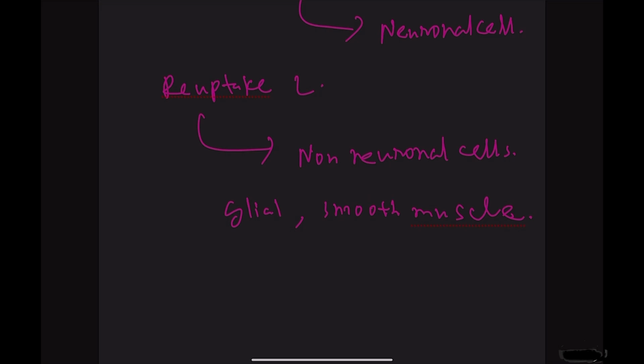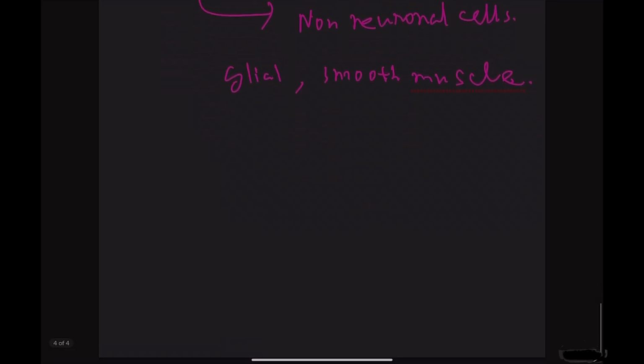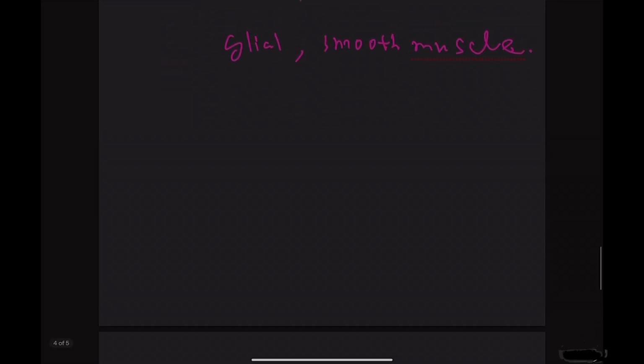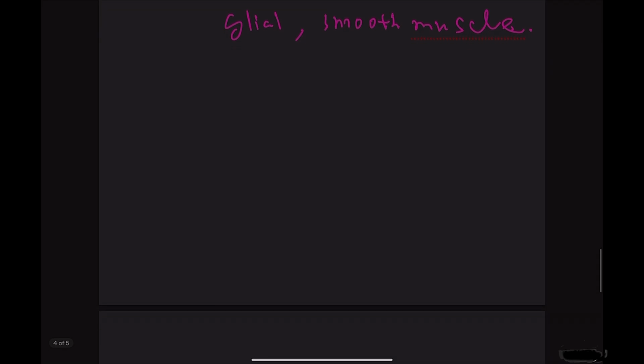Okay, and what about the metabolism of norepinephrine, noradrenaline? So norepinephrine or adrenaline is metabolized by monoamine oxidase and catechol O-methyltransferase.